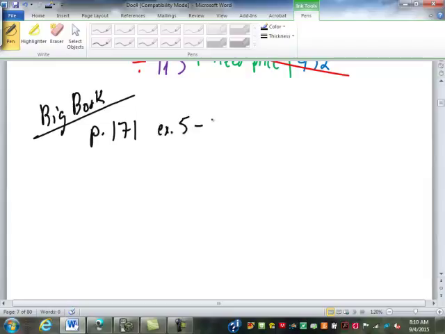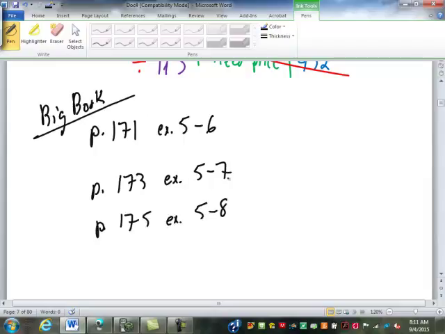It's exercise 5-6. Page 173. Exercise 5-7. Page 175. Exercise 5-8. These are just the simple little sentence problems like we started out with. And of course, just do the odds again.